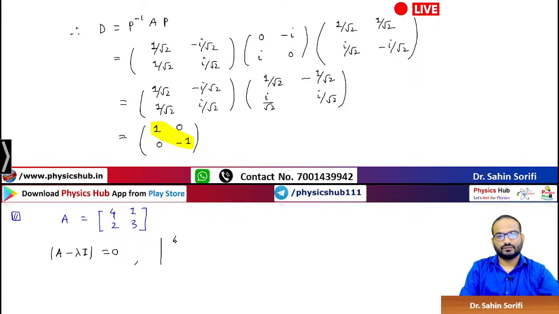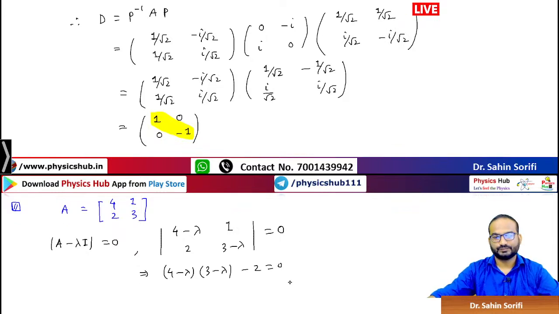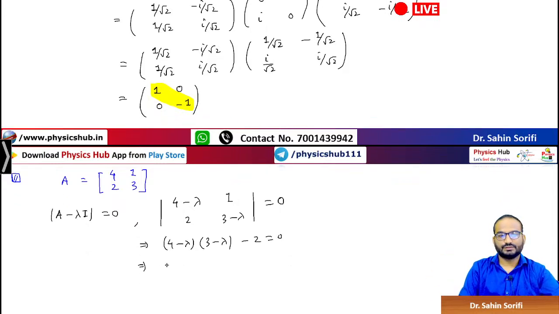So (4 minus lambda)(3 minus lambda) minus 2 equals 0. This gives lambda square minus 7 lambda plus 12 minus 2, which is lambda square minus 7 lambda plus 10, giving (lambda minus 5)(lambda minus 2).